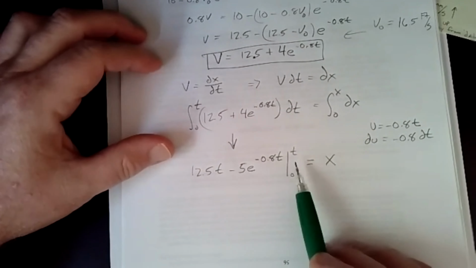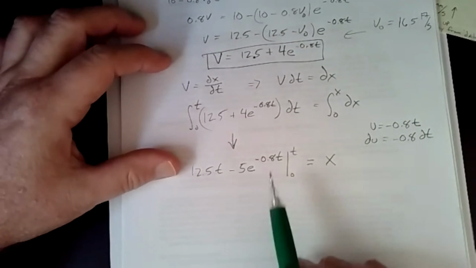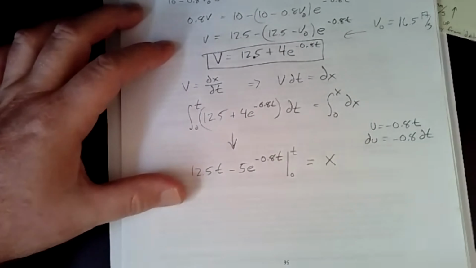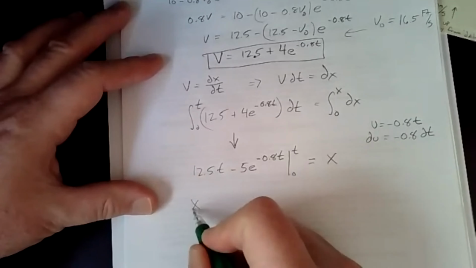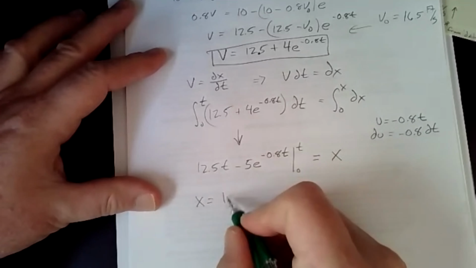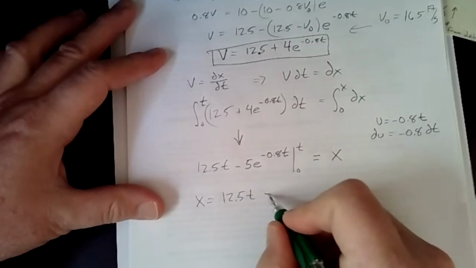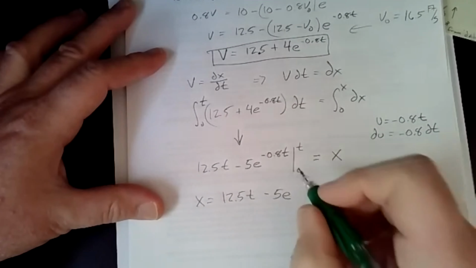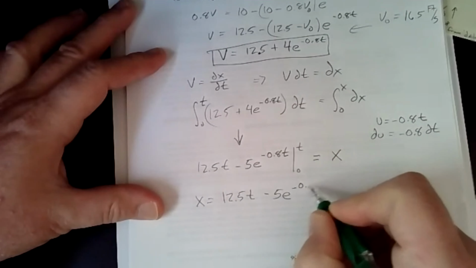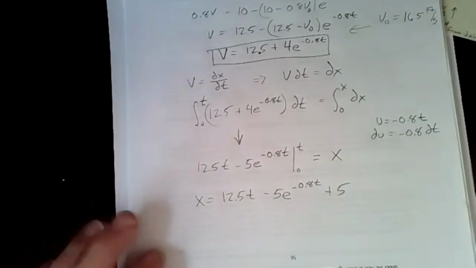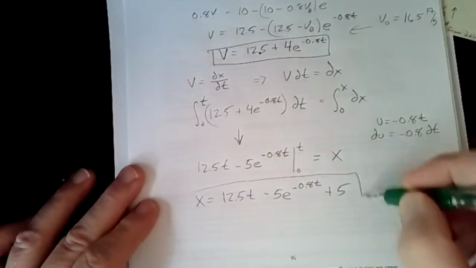If we put in just t, obviously that's what the equation is. So when we evaluate it, we get x equals 12.5 t minus 5e to the negative 0.8 t plus 5. So that's our equation of position.